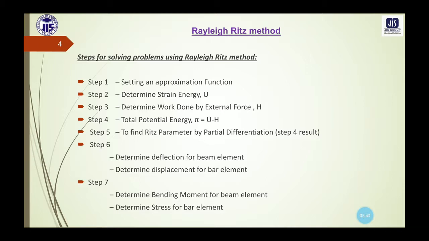Next, the last step: we need to determine the bending moment for a beam element, and the stress for a bar element also needs to be determined. So these are the 7 different steps that we need to remember to solve different numericals based on the Rayleigh Ritz method.